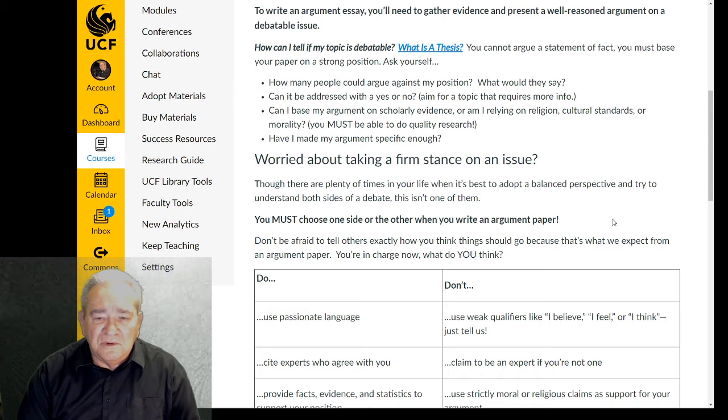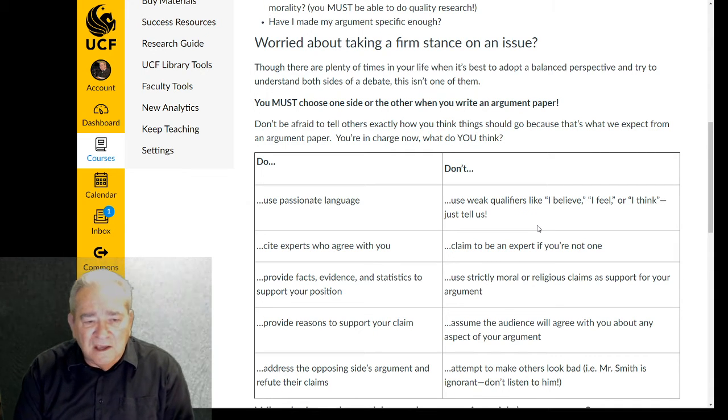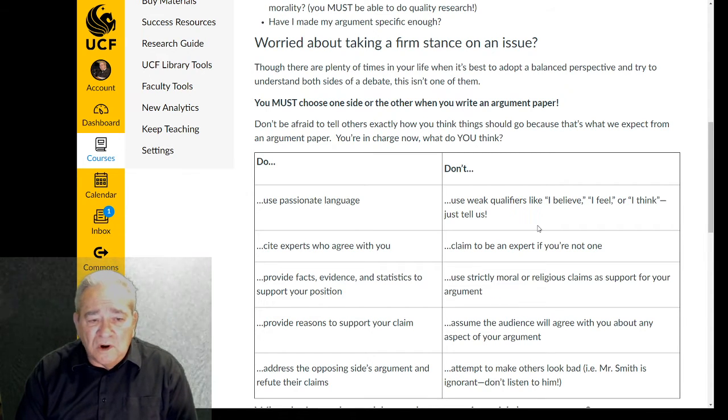Here are some things you do and don't do when you're writing an argument paper. You do want to use passionate language, and like I said, don't use weak qualifiers like I believe, I feel, or I think. We saw that some people would disagree, but don't misunderstand: there are times for I believe, I feel, or I think, because there are times when you want some pathos, and those words can contribute to that, but it depends on how you use them.